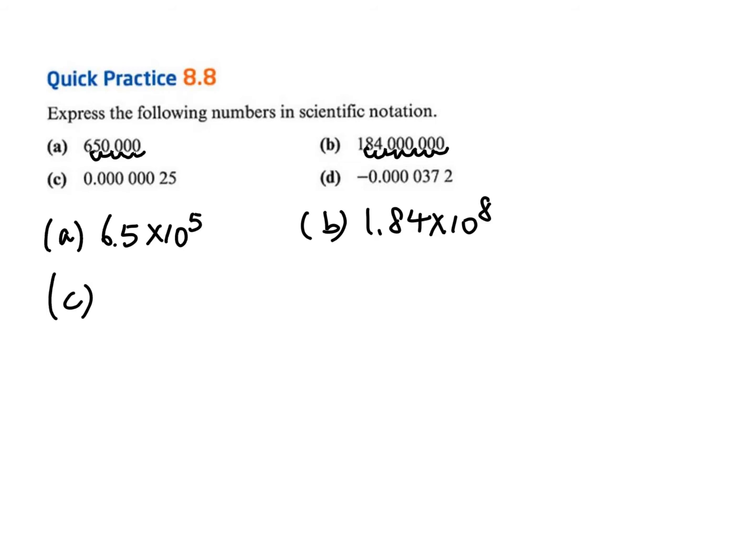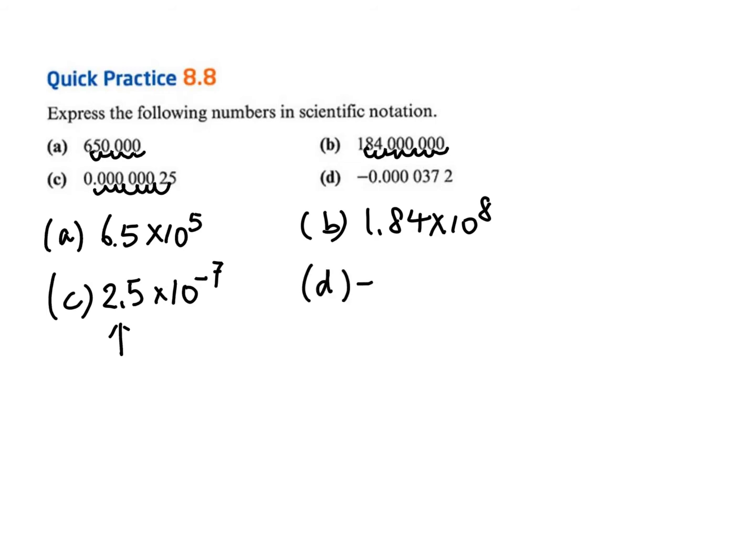Remember this one should be 10 to the power negative something. So this one should be 2.5, because always remember this number is between 1 to 10. So here would be 1, 2, 3, 4, 5, 6, 7. So negative 7.